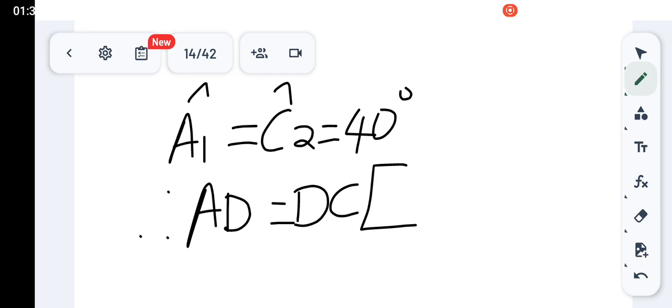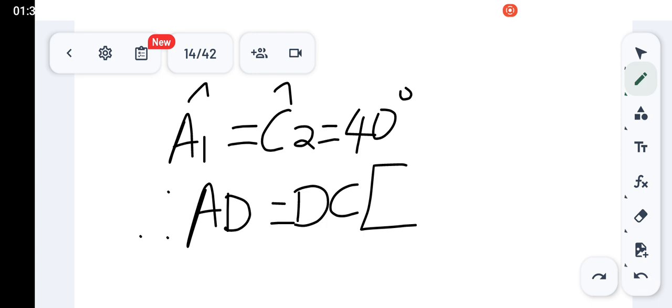Remember when we said, let's say that we know that AD is equal to DC, and then we conclude that angle A1 is equal to angle C2. The reason will be angles opposite equal sides.